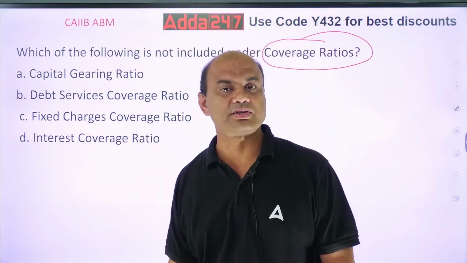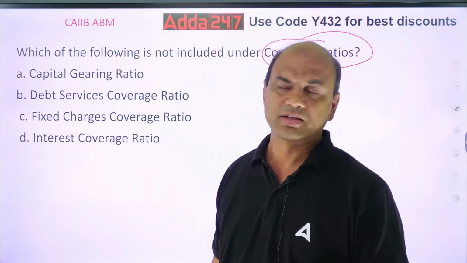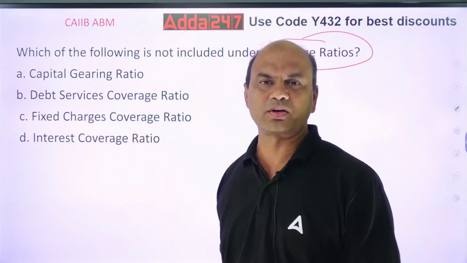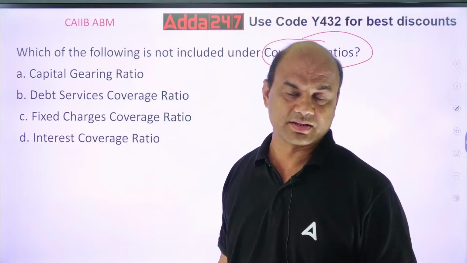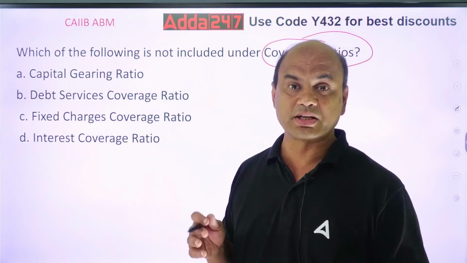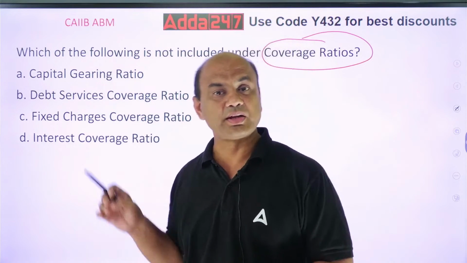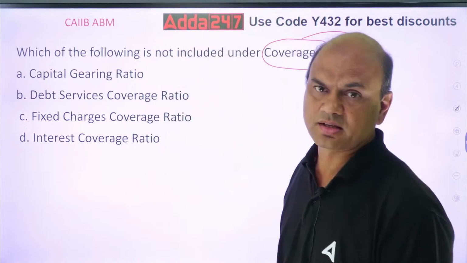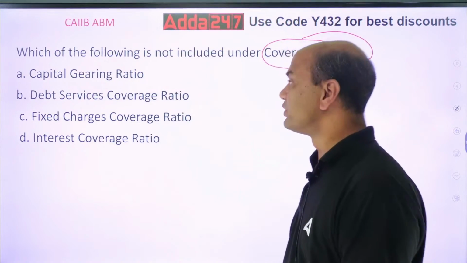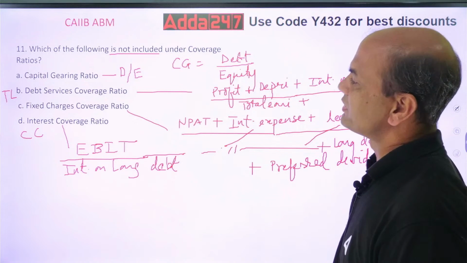Interest coverage ratio, whether the customer will be able to repay my interest. Similarly, whatever are my fixed charges, legal charges, whether the customer has the capacity to pay those charges. So that is all considered under coverage ratios. So which one is not there? Let's see one by one.